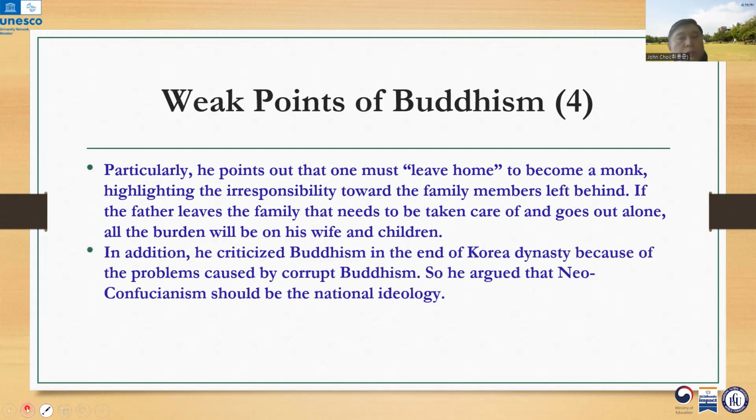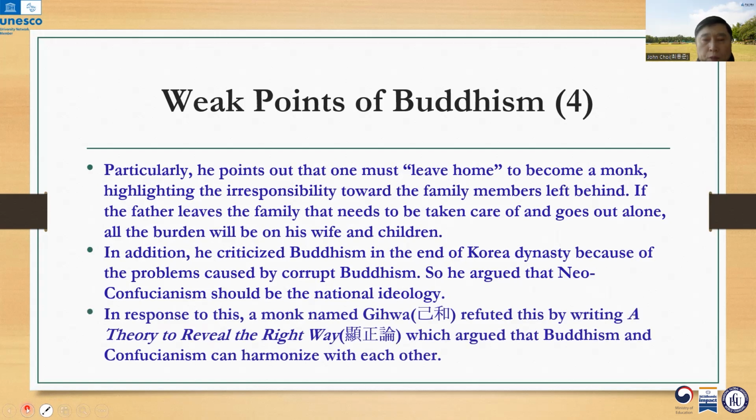In addition, he criticized Buddhism in the end of Korea dynasty because of the problem caused by corrupt Buddhism. So he argued that Neo-Confucianism should be the national ideology of the new Joseon kingdom.